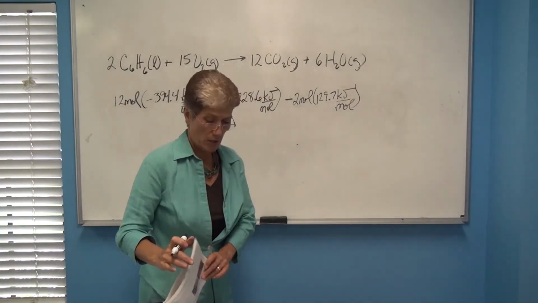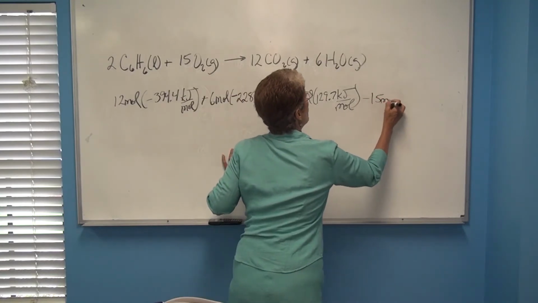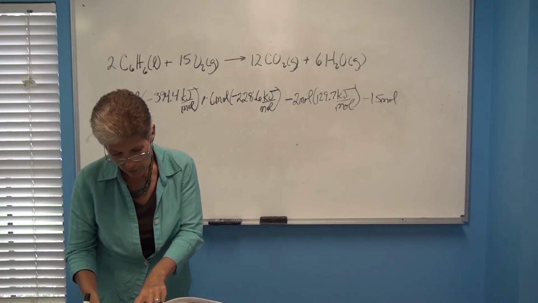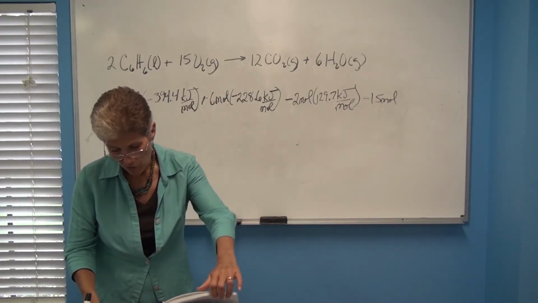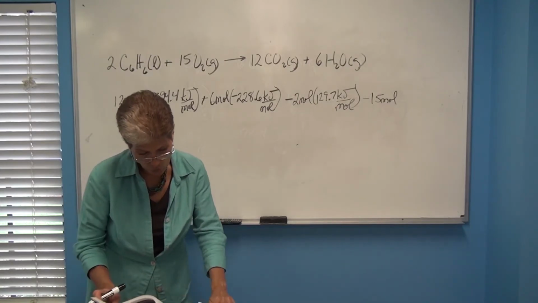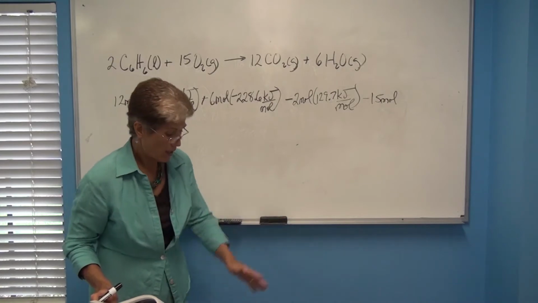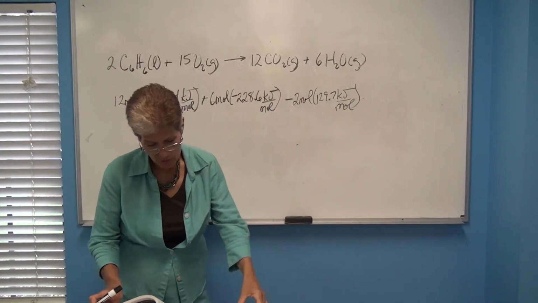And then you're going to go minus 15 moles, and then you look for oxygen in the, well, that's always going to be a gas, isn't it? Oh, the oxygen is in its elemental form, and so it zeroes out. Yay! So we don't have the oxygen. Only in the entropy does it not zero out.